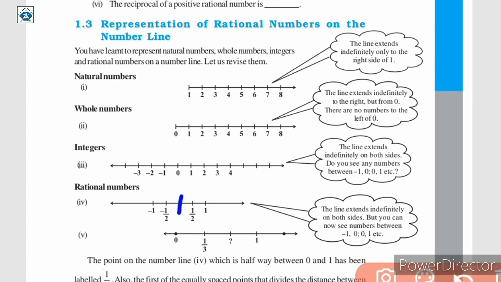And between 0 and minus 1, we have minus 1 by 2. That is, this distance between 0 and 1 is divided into two equal parts and this point is 1 by 2. In the similar manner, the distance between 0 and minus 1 is divided into two equal parts and this point here represents minus 1 by 2.